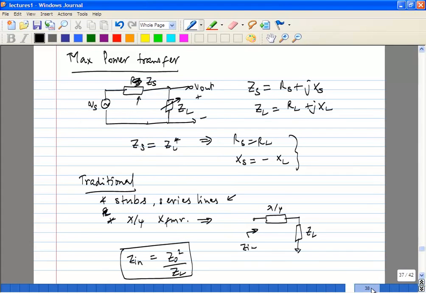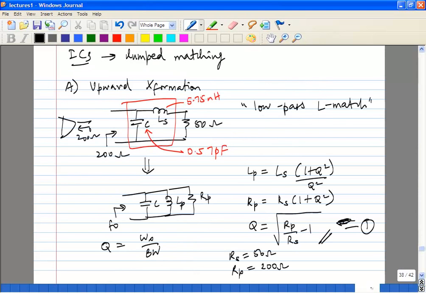Why? Let's say your bond wire inductance is a couple of nanohenries. You actually want 5.75, so you design an inductor for 3.75 and get the extra 2 for free from your bond wire. That way you will get an even smaller inductor.